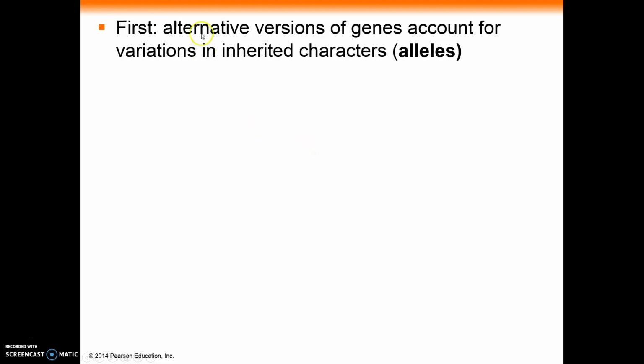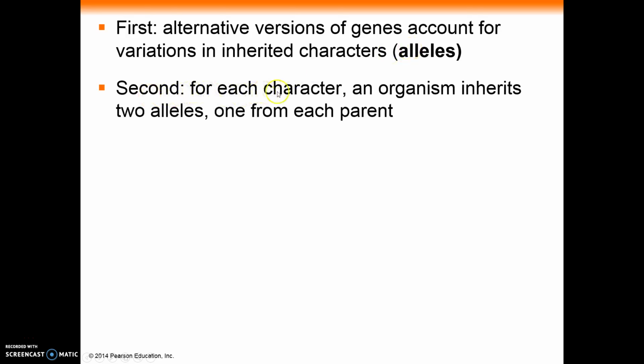So the first thing is alternative versions of genes account for variations in the inherited characteristics. So we'll call these alleles. So there is an allele that accounts for a particular version of a character or a particular trait.